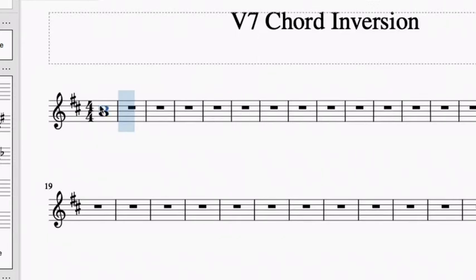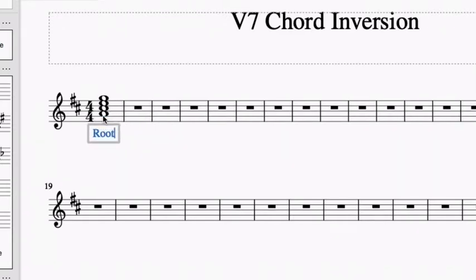C sharp, E, and G natural. That's the root dominant seventh chord in the key of D. Okay.